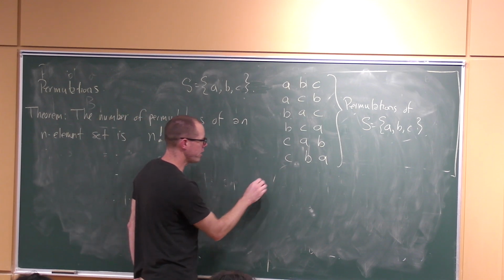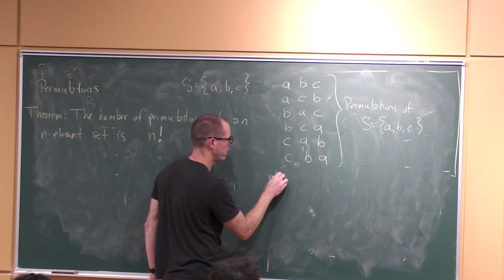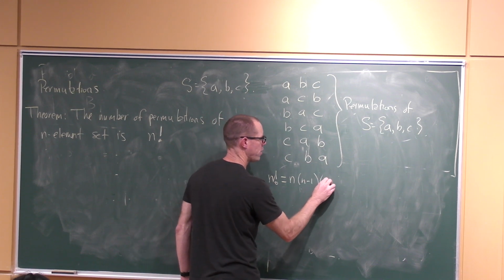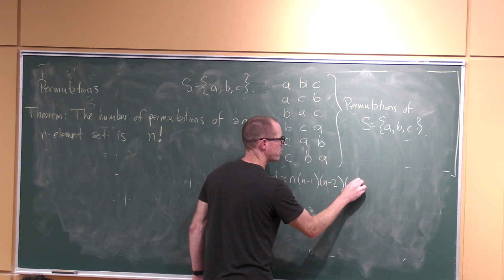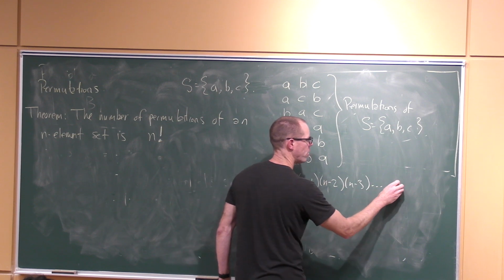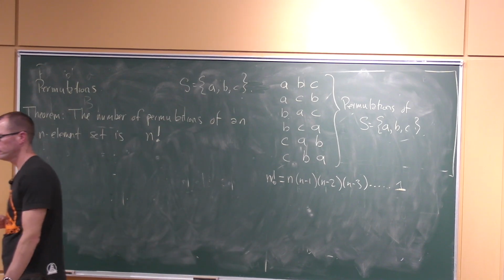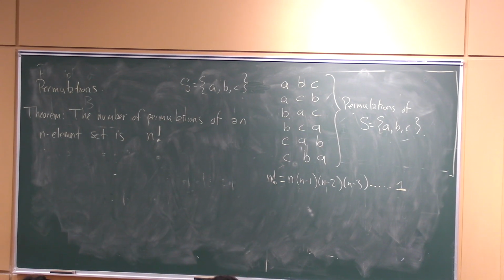And in case you forgot, since last class, n factorial is defined as n times n minus 1 times n minus 2 times n minus 3, and so on, all the way down to 1. So how would you prove that?